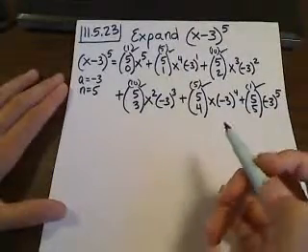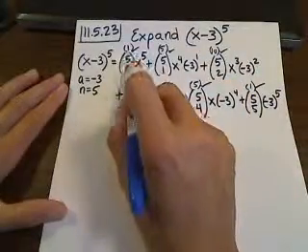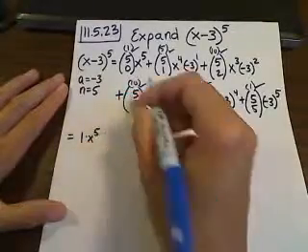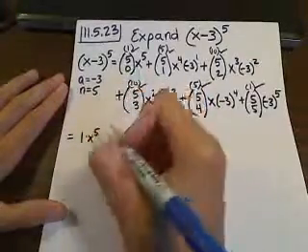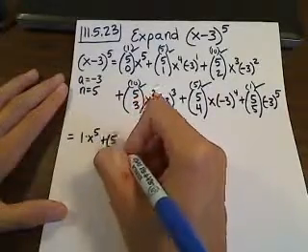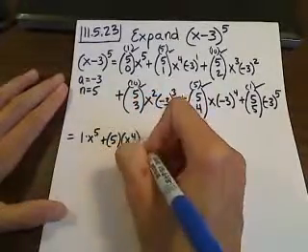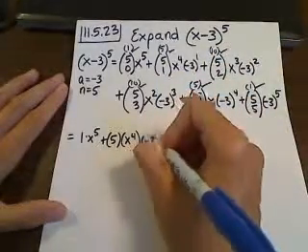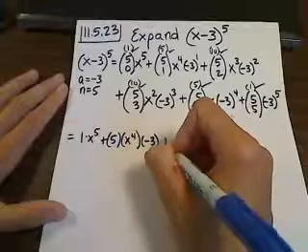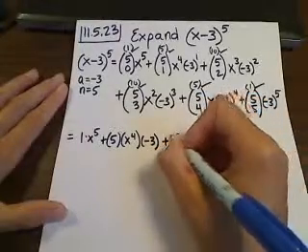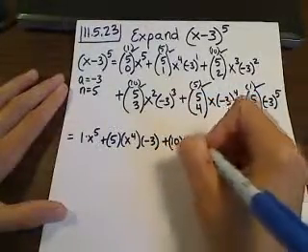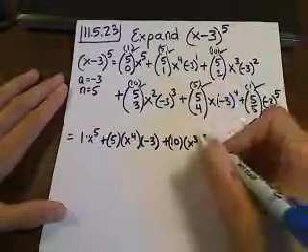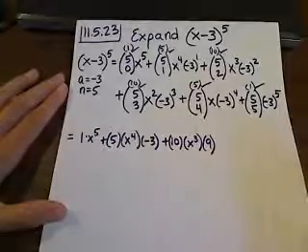All right, so what we're looking at now is a 1 right here times x to the fifth. That takes care of that term. Then we have a 5 times x to the fourth times negative 3 to the first power, so that's just negative 3. Then we have a 10 times x to the third times negative 3 squared, which is 9.